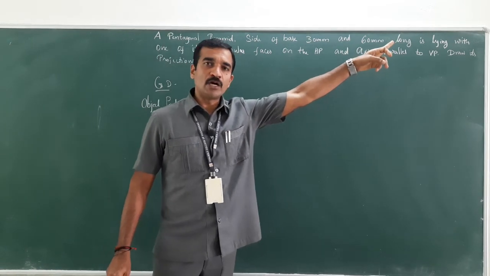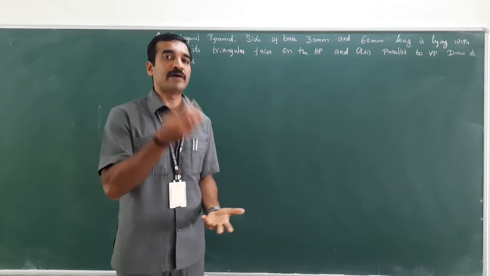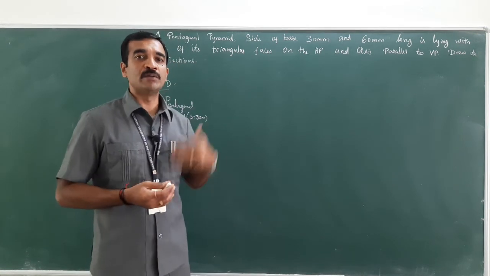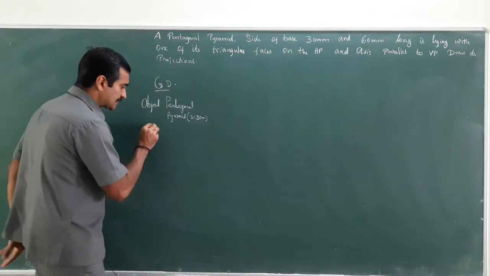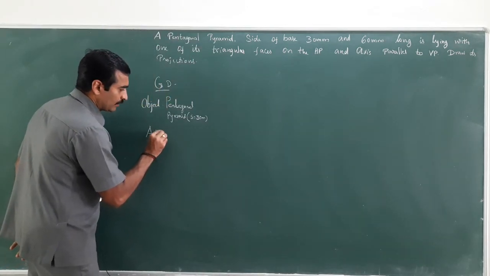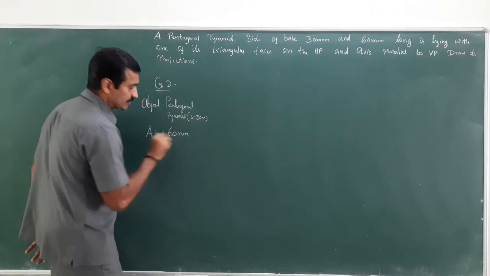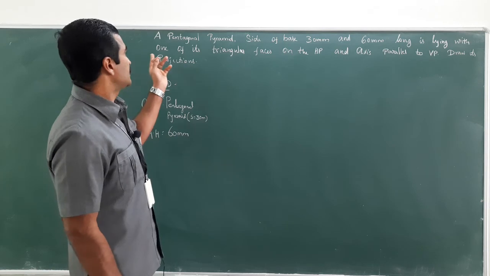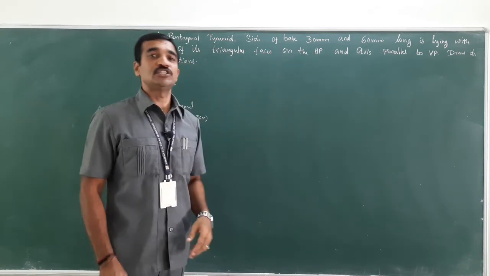So what is 60 mm long? The axis is 60 mm long, or axis is 60 mm height, or axis is 60 mm altitude, or axis length, right. So the axis height is 60 mm. AH is nothing but axis height.